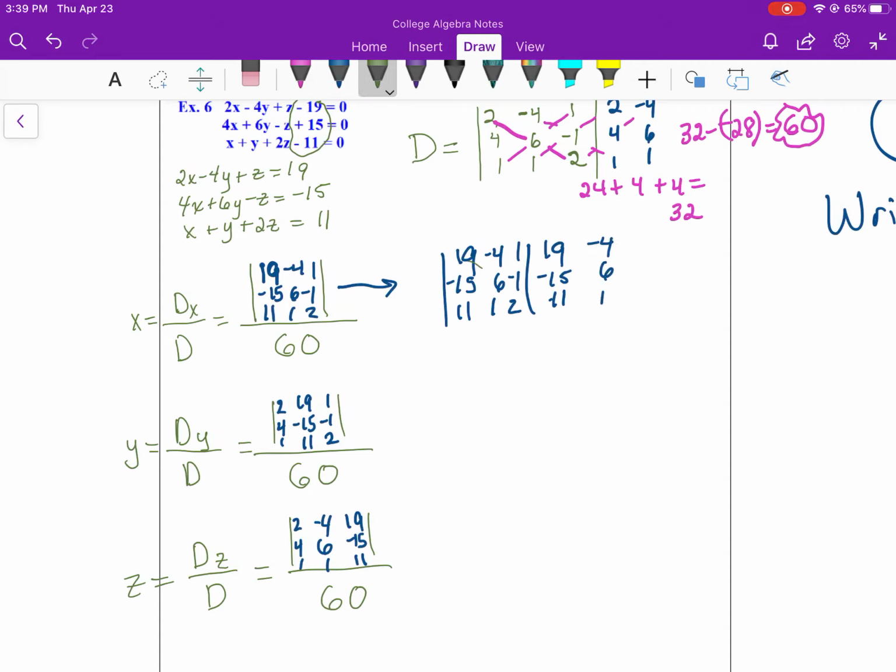Okay, so 19 times 6 times 2, 228. 4 times 11, 44, plus a negative 15. And that's 257. Coming up this way, 66 plus negative 19 plus 120. That's going to be 167. 257 minus 167 is 90.